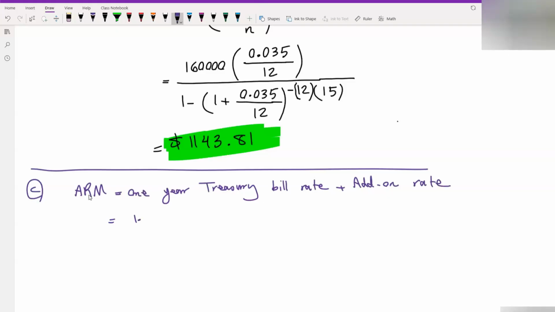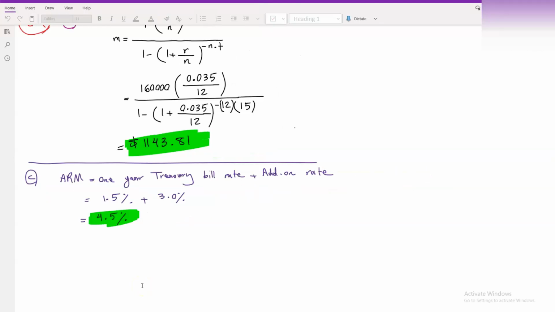Now the Treasury bill rate is 1.5% plus the add-on rate, which was 3%. So the answer is 4.5%.